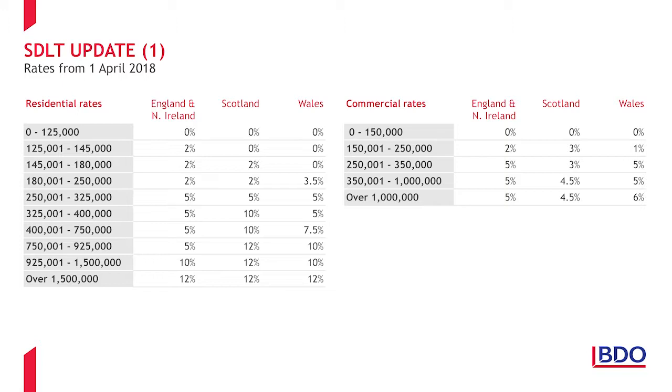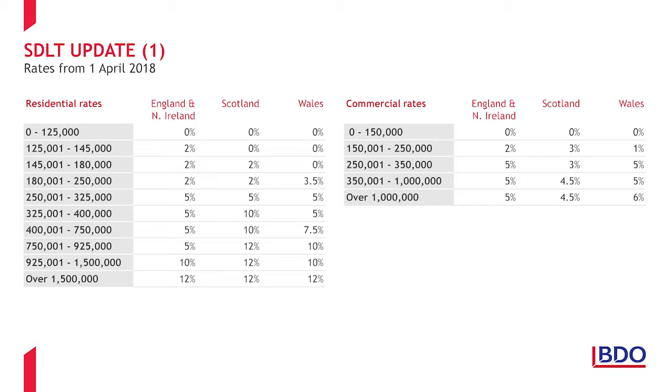SDLT starts at £125,000 in England, but in Scotland the starting band is £145,000 and in Wales £180,000. There was great fanfare when these bands were announced as to how many properties will be taken out of the scope of SDLT. Whether it will generate a rush to Scotland and Wales, only time will tell.